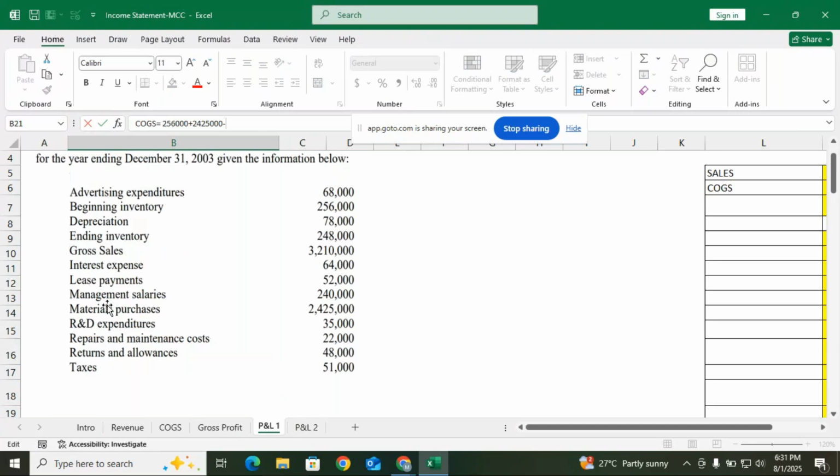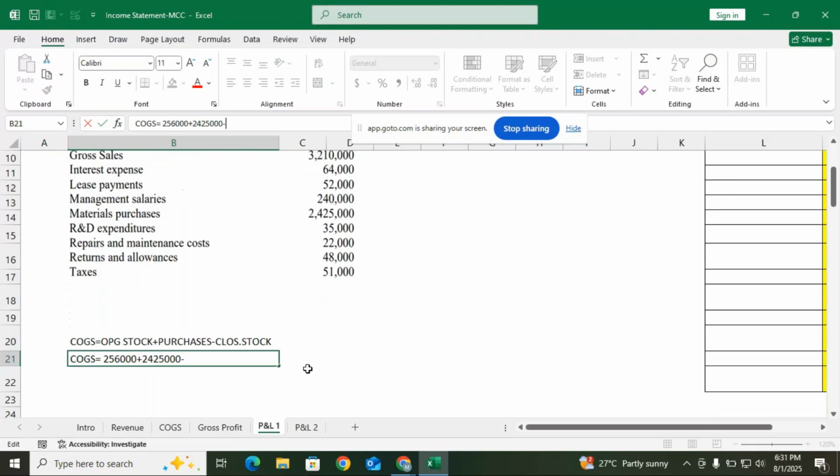Your closing inventory is 2 lakh 48,000. So this should be your COGS.